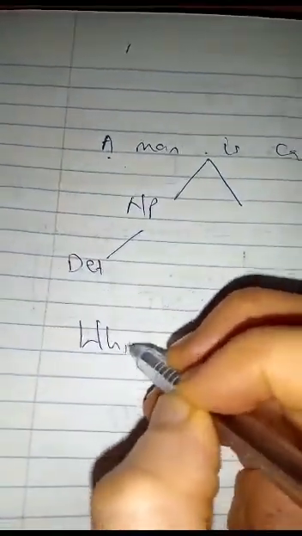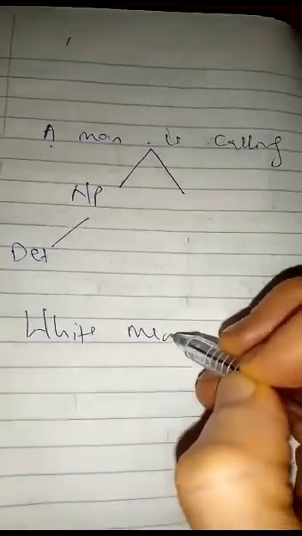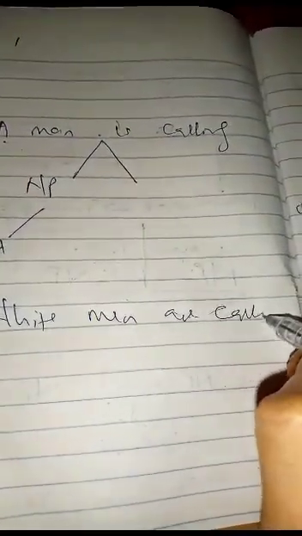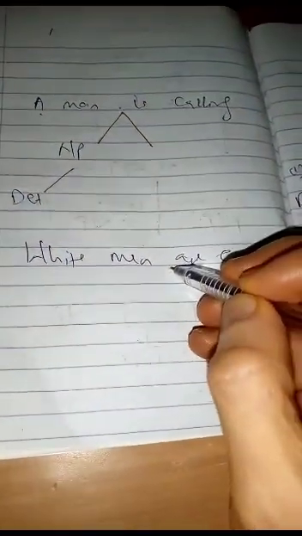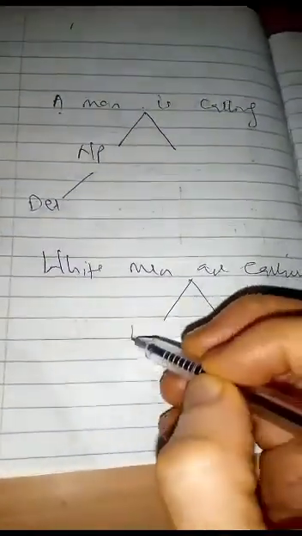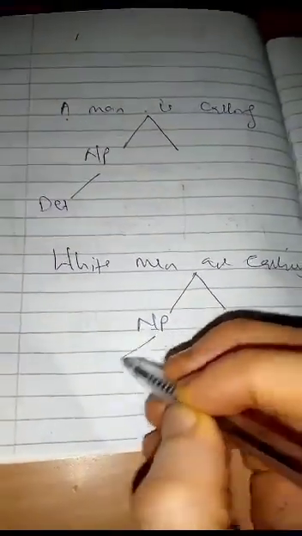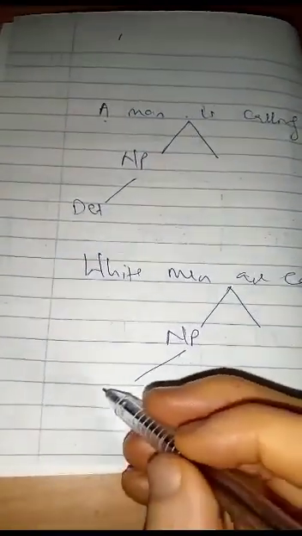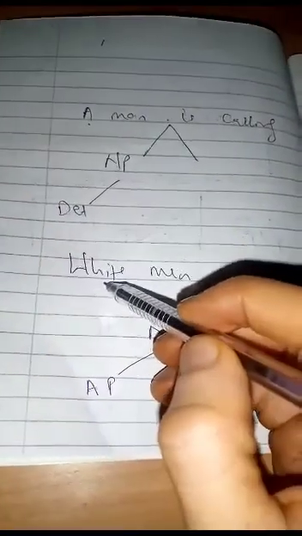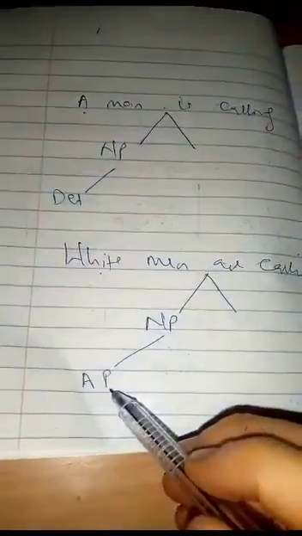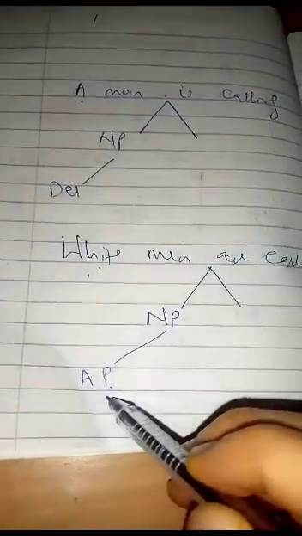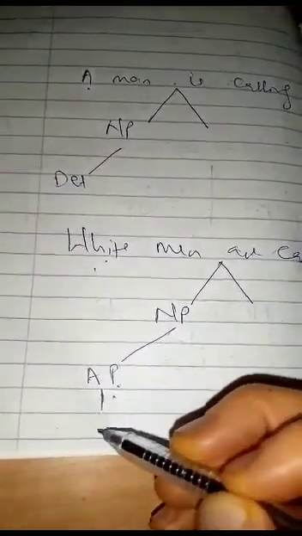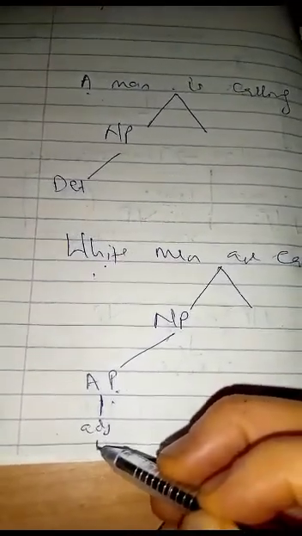For example, white men are calling. If I want to analyze this, I'll say NP and AP, because white is an adjective. Even though it's a single word, it is still part. I just have to say ADJ and write white.